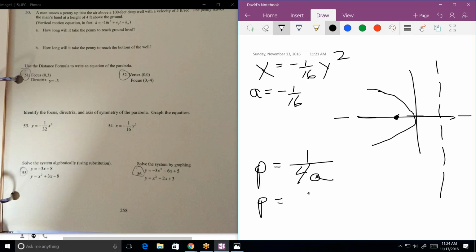So what is it? 1 over what? Okay. What goes in the denominator? What's 4a? If this is a, what's 4a? 4 times -1/16. Okay, so that's -1/4. I'll simplify it also. And what's that equal to? Multiplied by the reciprocal.